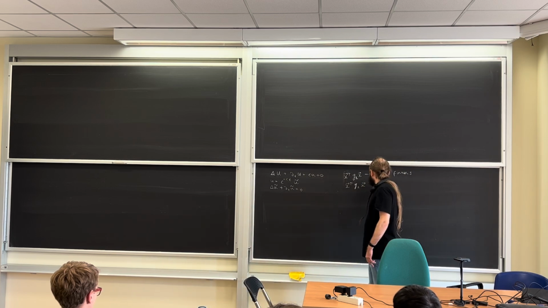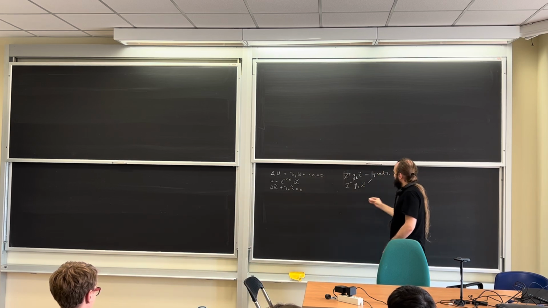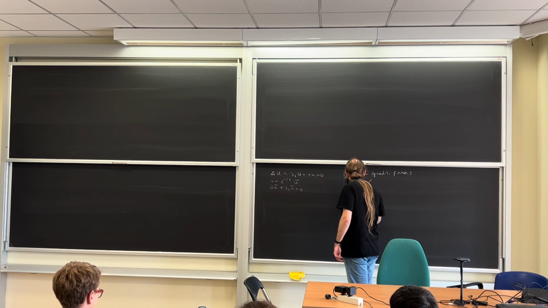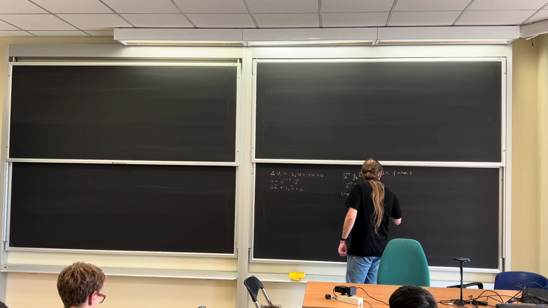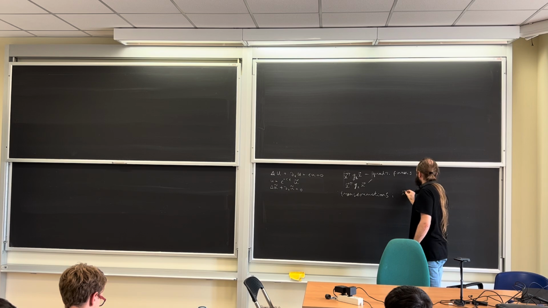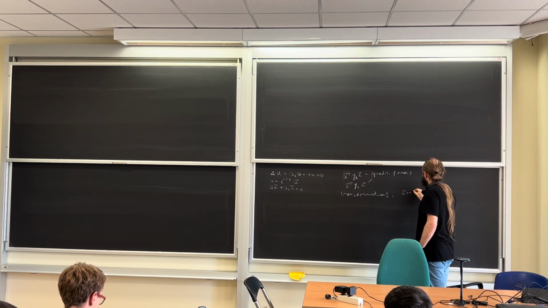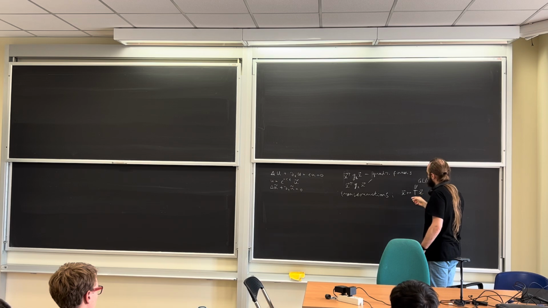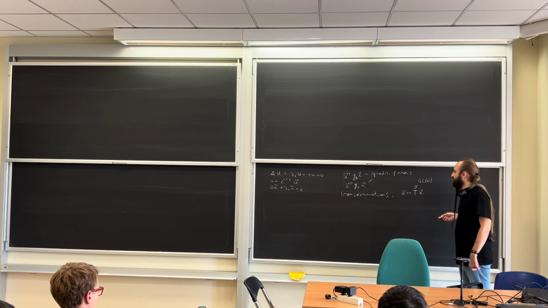And what can we do with these quadratic forms? We have this transformation: x goes to T times x, where this matrix T is from GLn. It's an arbitrary matrix, an arbitrary change of coordinates.